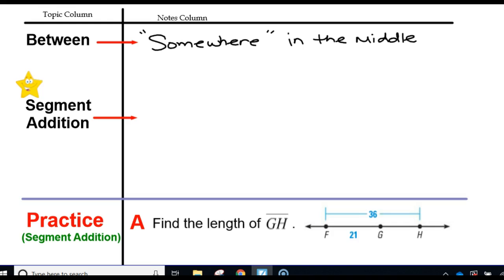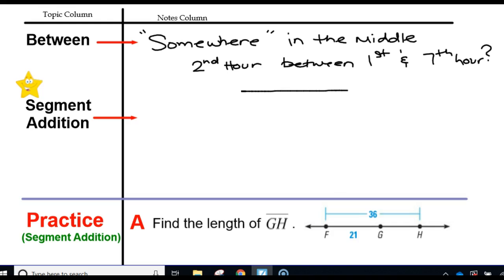For example, is second hour in our school day between first hour and seventh hour? And the answer is yes. Between means somewhere in the middle.